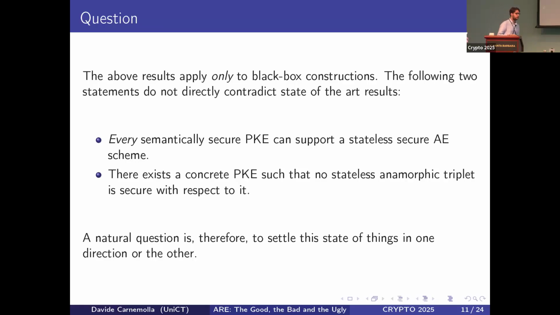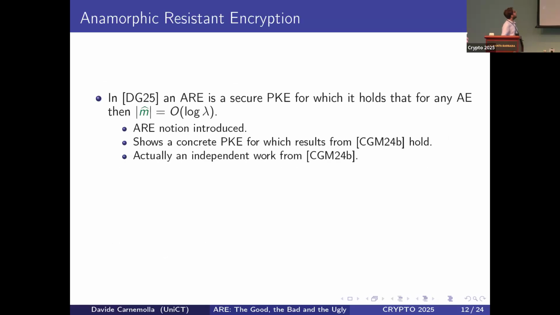Our work comes from a question: does there exist a concrete PKE such that there is no stateless anamorphic triplet that is secure? In particular, we use the name anamorphic resistant encryption from the paper of Dodis and Goldin presented before.